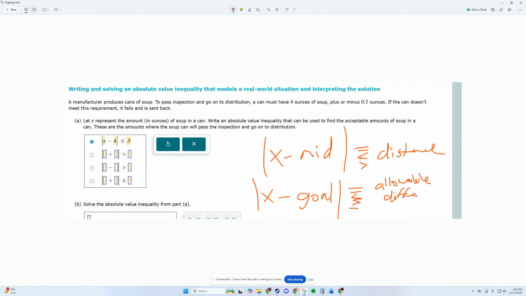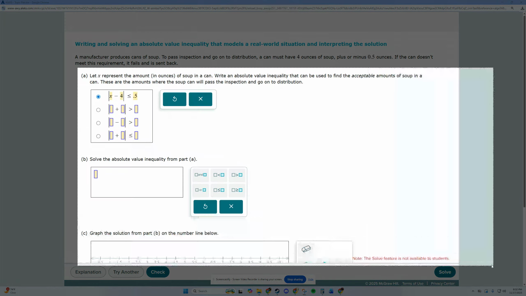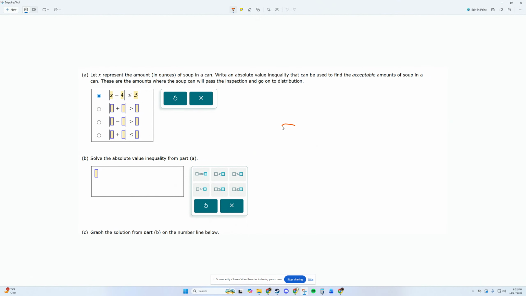Another way they call that is the tolerance. So what will they tolerate? In this case, a half an ounce off. Okay, so we solve that in 2 ways. That would be case 1, case 2. I guess you kind of know what it would be.